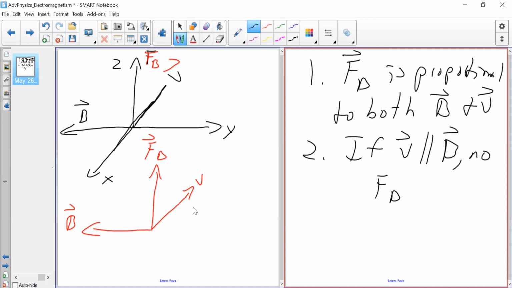So in order for that to happen, all of these vectors must be perpendicular, but specifically the velocity and the magnetic field must be perpendicular. If they're parallel, we don't get a cross product. So if they're parallel to each other, there's no magnetic force.